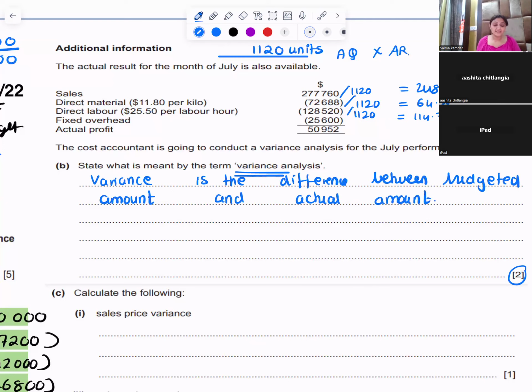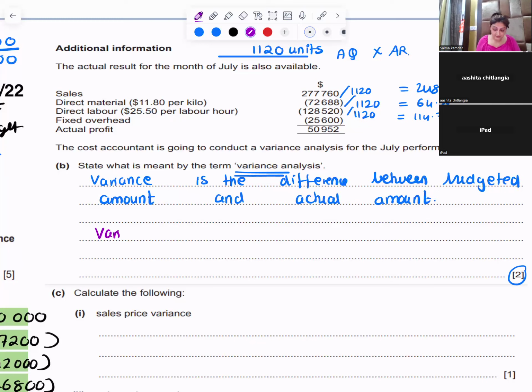And when you're doing variance analysis, you're trying to identify the difference, where the difference has happened between your planned and actual, and you're trying to explain the reason for the difference. So can I write it?